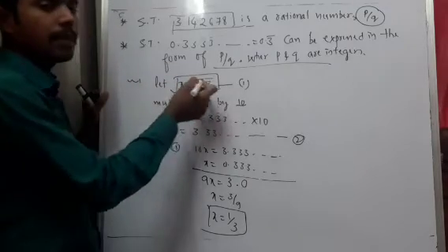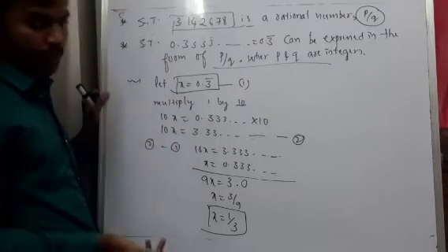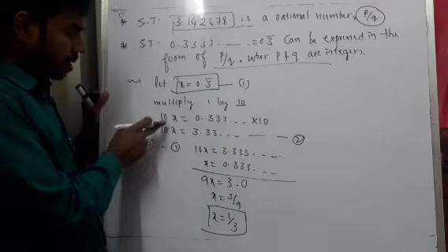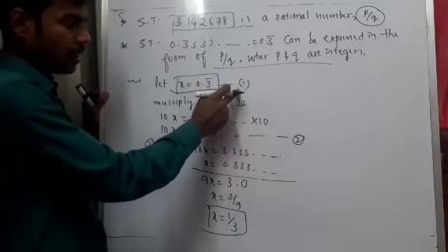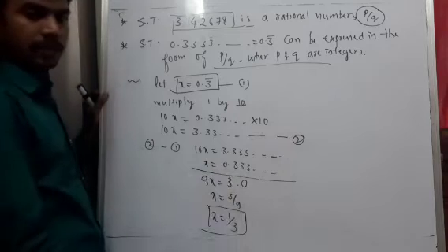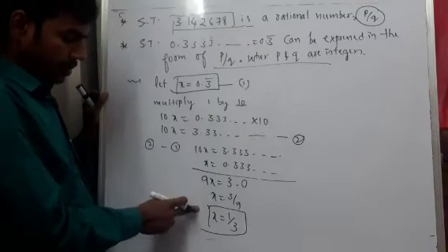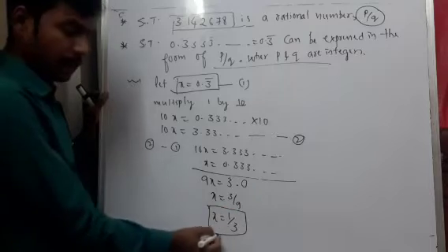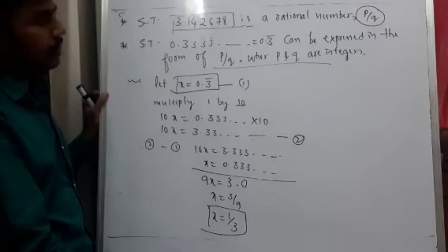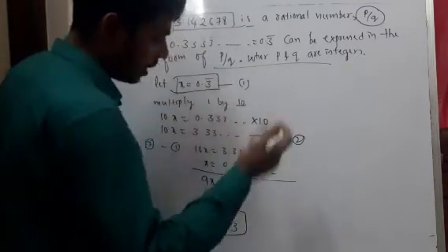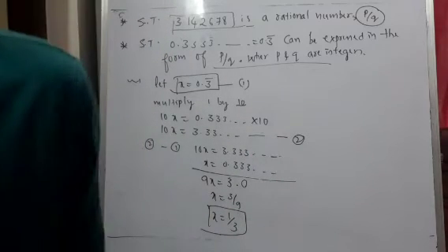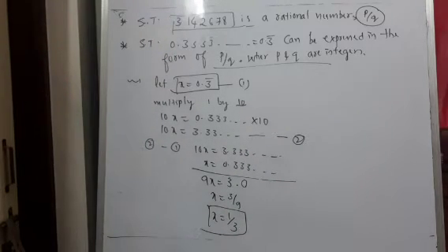So based on the number of digits, you increase by one 0. Then call the first equation number 1 and the second equation number 2, then 2 minus 1. At last you will get the number in the form of P by Q. So we will take one more example. Please note it down. Next. So what we got?